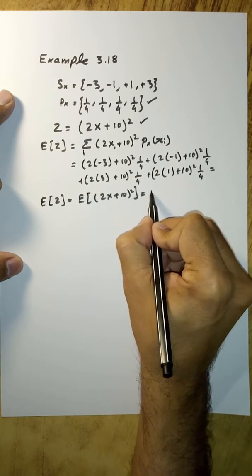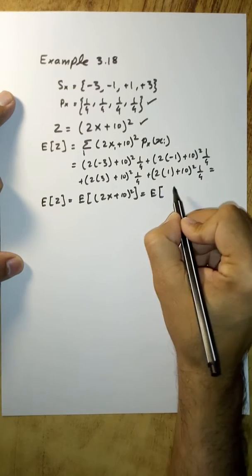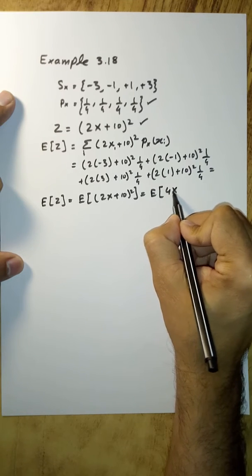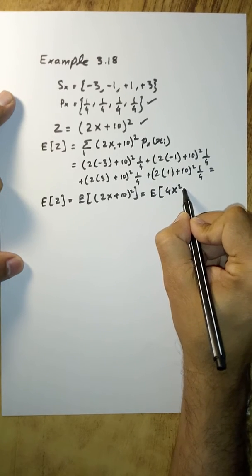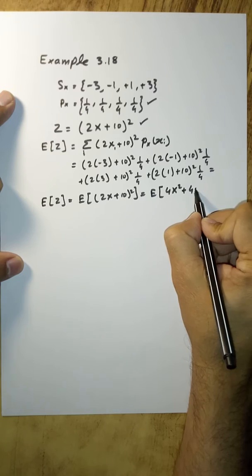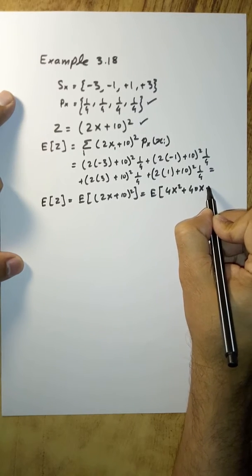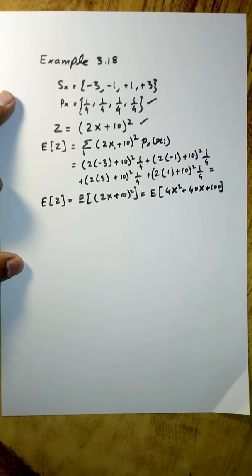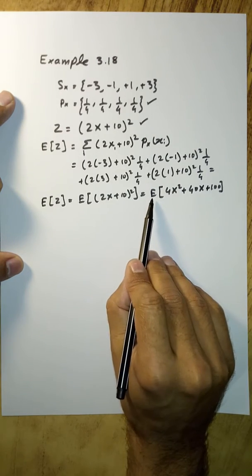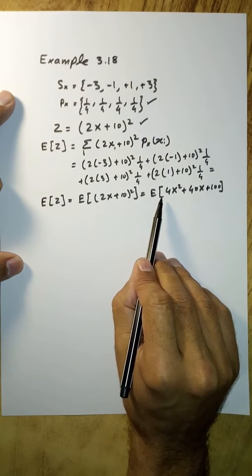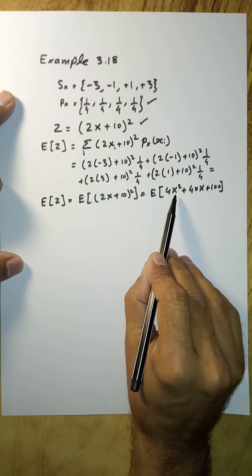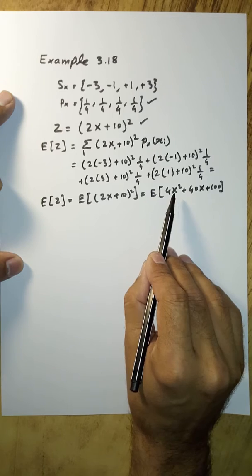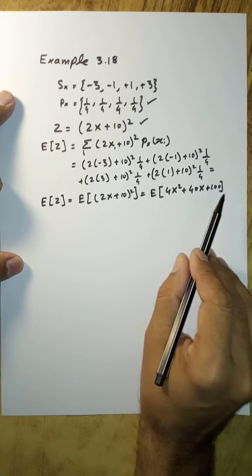So this will be equal to the expected value of 4x squared plus 40x plus 100, right? And expectation is a linear function, right? That means we can take the expectation inside and apply it individually.